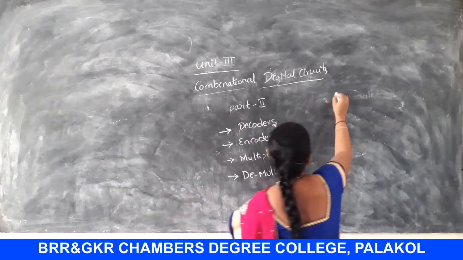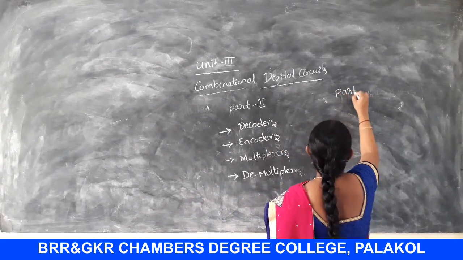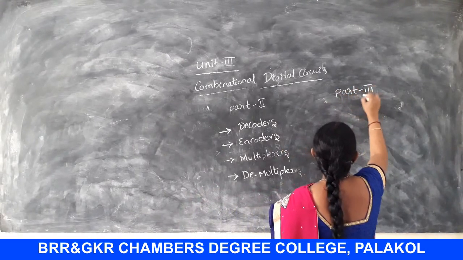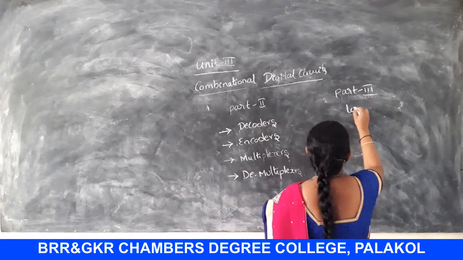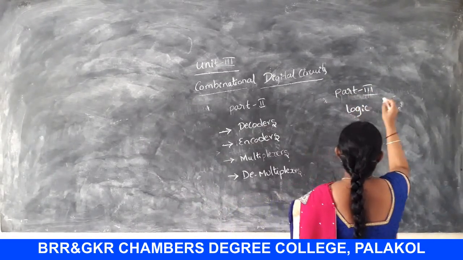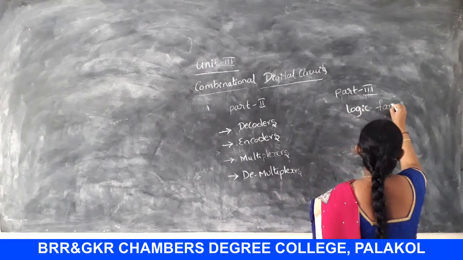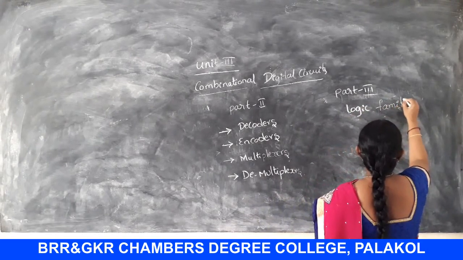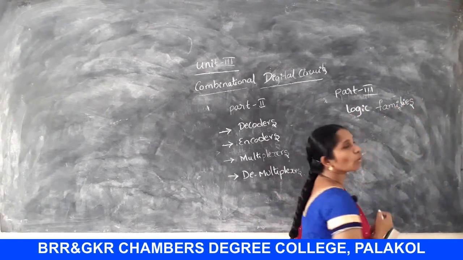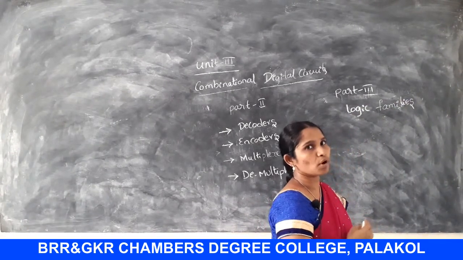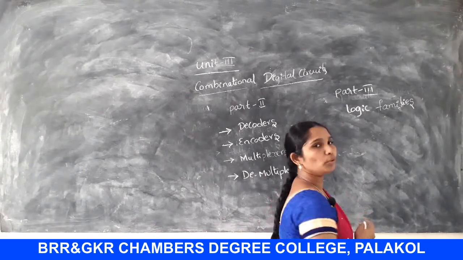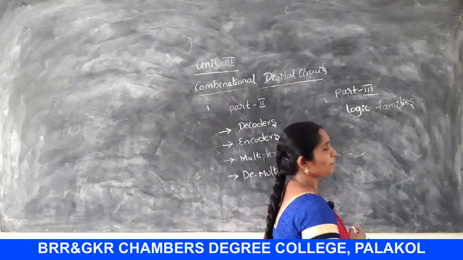Next one, part number 3. Part number 3 is logic families. In logic families we will discuss two types, unipolar and bipolar logic families.